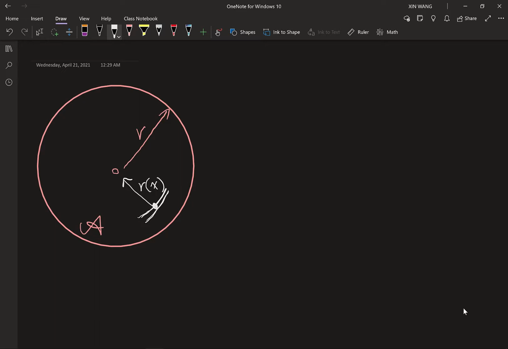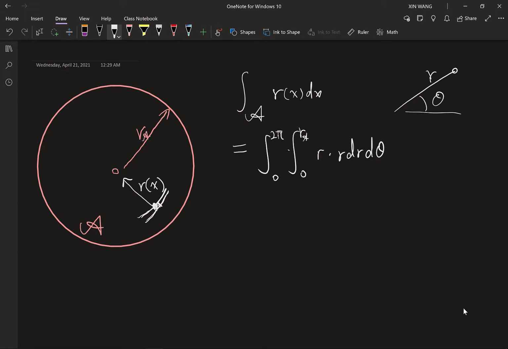To calculate the average distance, or the aggregated distance, we can first convert this into polar coordinates. That means we consider a specific point with the angle theta and the radius r. In this way, we can calculate the aggregated distance, where we use R_a to indicate the radius of the circle, and small r to indicate the integration variable.